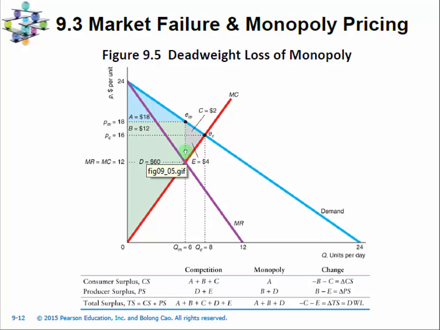This inefficiency of monopoly pricing is an example of a market failure. A market failure means a non-optimal allocation of goods and services such that a market does not achieve full economic efficiency. There is some deadweight loss to the total economic surplus. So that's why we say this is a market failure.